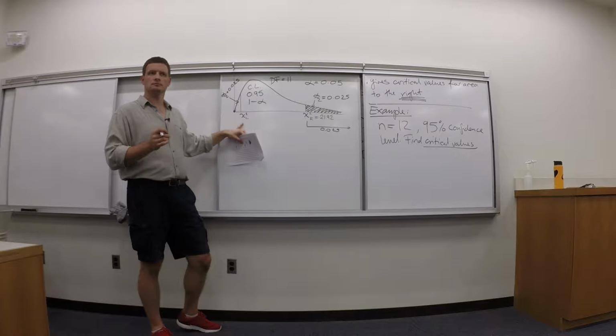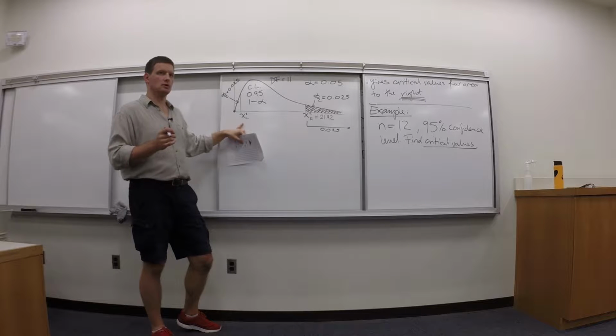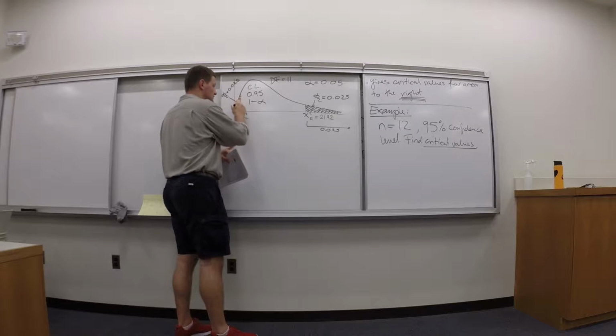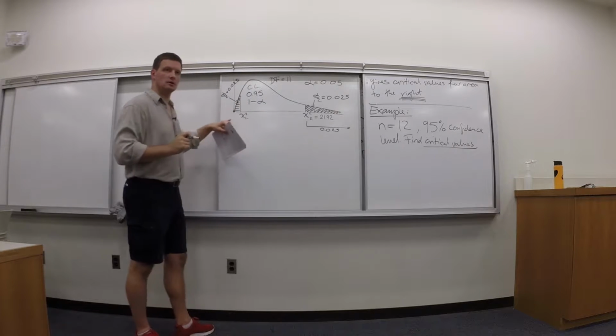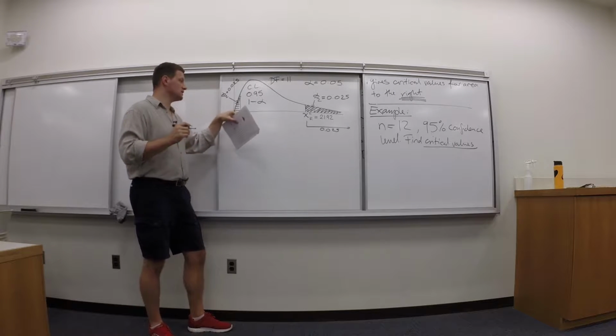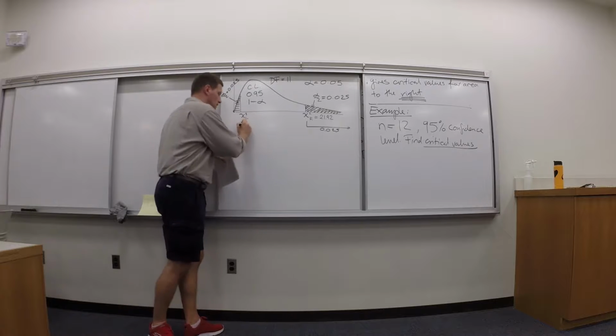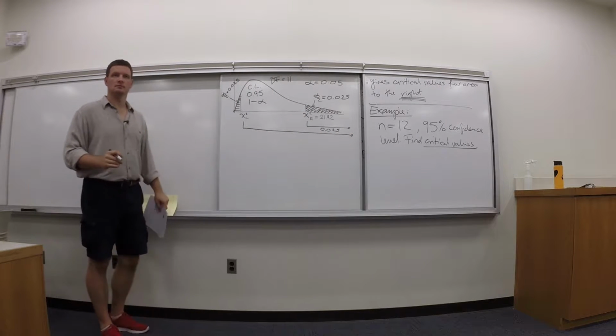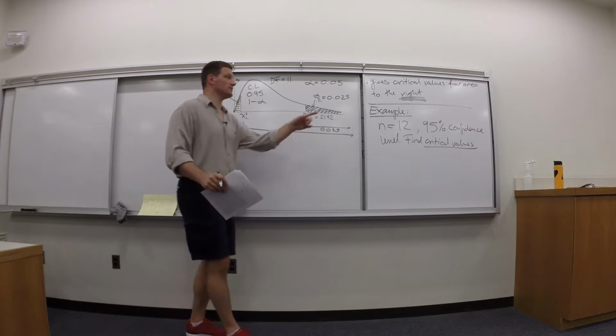Let's go back. Is that the 0.975? Yes. We're looking to find chi for this area right here, right? But we would consider alpha over 2. We cannot measure this distance. What we are looking at is this, because the area is measured from the right.